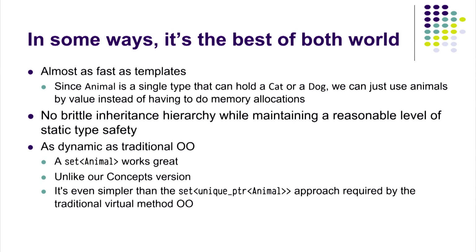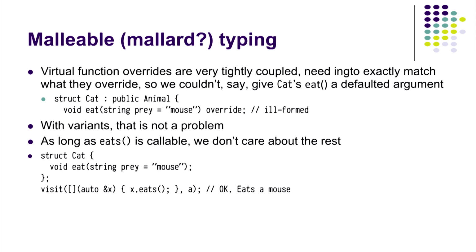There's no brittle inheritance hierarchy, but we maintain a reasonable level of static type safety. But it's also as dynamic as traditional inheritance and virtual stuff, because a sad animal works great. Animal is an actual type. It's not just a concept. In fact, it even looks a little nicer than the other thing.